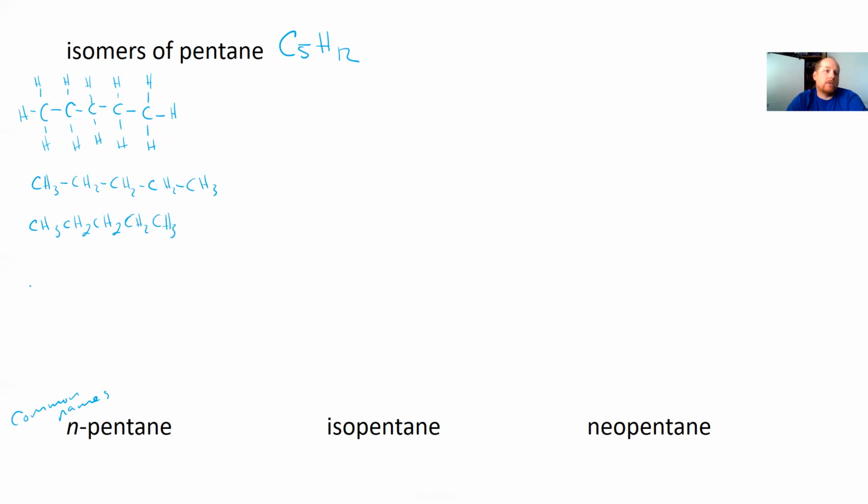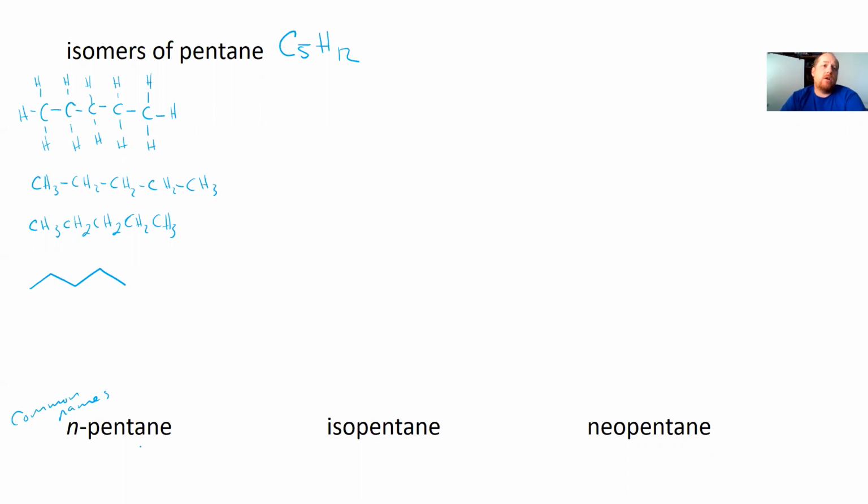And then we have our line angle formula. Okay. And so those are all the ways that we can draw pentane. Now, I'm not going to force you to draw them in every single way, but you should be familiar with them and how to draw them in each of these ways. If I have you draw structures, I'll either specify which type of structure you should draw, or you can pick one and stick with that version of it.